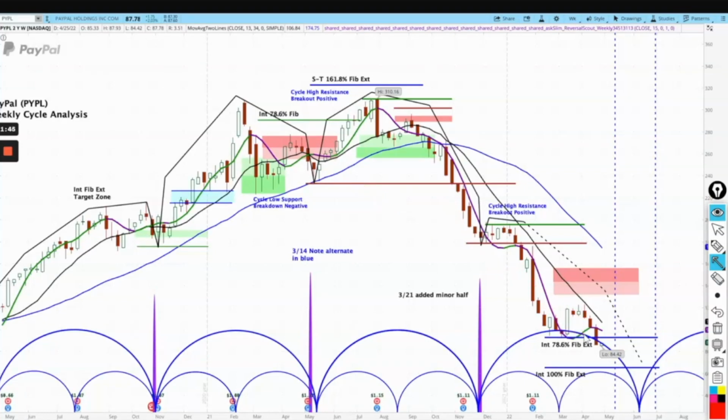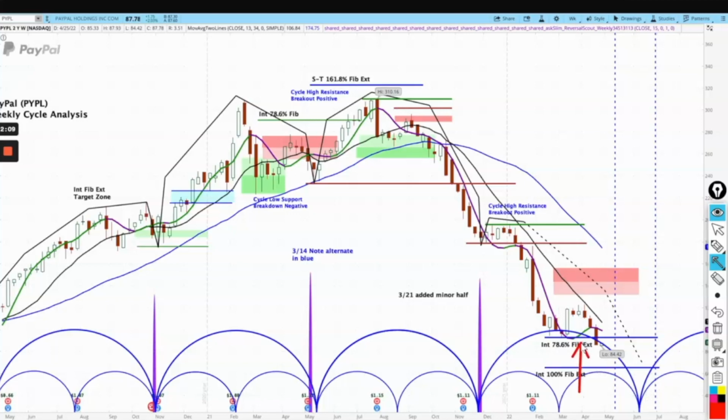Now, just visually, you can see that this chart does not look good, and all the aspects of cycle analysis that I just mentioned give us information about conditions in here and also have some predictive value that is helped by momentum analysis and swing high, swing low analysis. Our weekly charts show momentum using our proprietary reversal scout, which is the purple and green ribbon running through the chart.